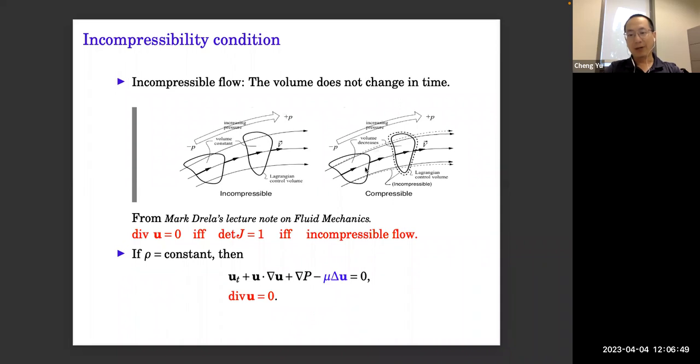But for the compressible case, when the pressure changes, the volume also changes. Mathematically, we can use div u equals 0 to describe the incompressible condition. When we choose rho equal to a constant, the system reduces to the classical incompressible equations.